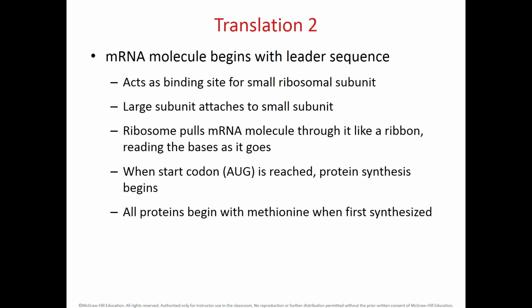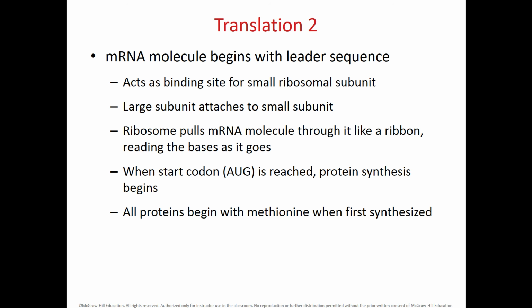The protein is made when you have a sequence within the messenger RNA called AUG, which is the start codon. From there, you have the elongation of the chain of amino acids until you complete your protein.